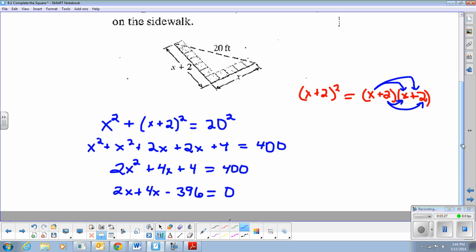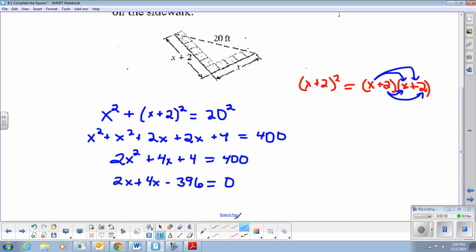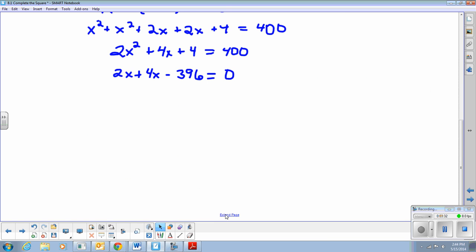Next step. What do I do now? Well, at this point, let's take a look. I now have 2x squared plus 4x minus 396 equals 0. At this point, we could try to complete the square, or we can do the quadratic formula, or we could try to factor. I'm going to do a little factoring first.